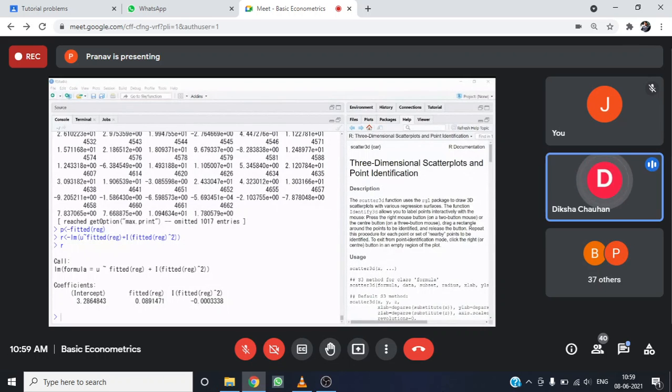So I ran the earlier command which you wrote, and through that I was getting a single value. Okay, so let me just paste it. Why is it not working here?